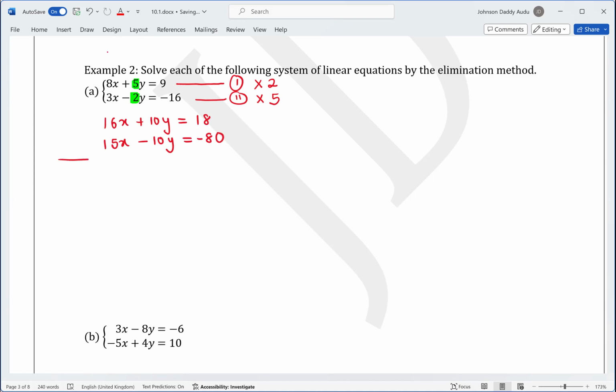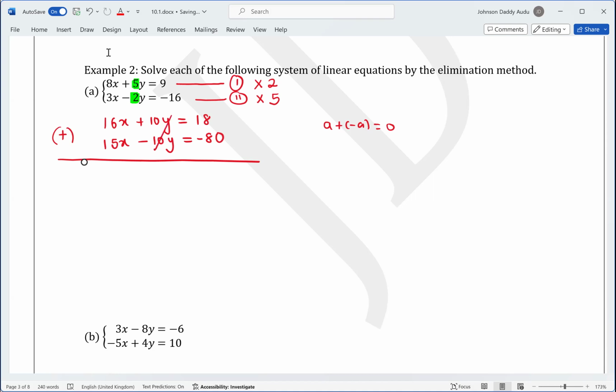Now you can see that the coefficients of y are additive inverses of each other. Remember, additive inverse means a plus minus a equals 0, right? So now we can add these 2 equations. If you add, 10 and minus 10 will go.